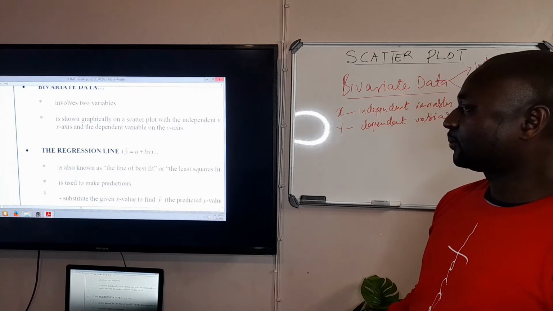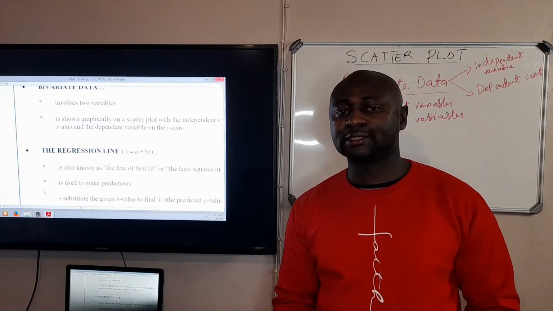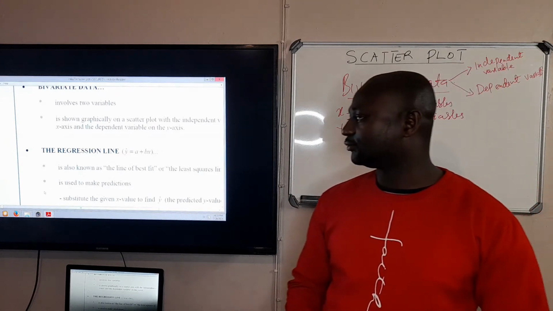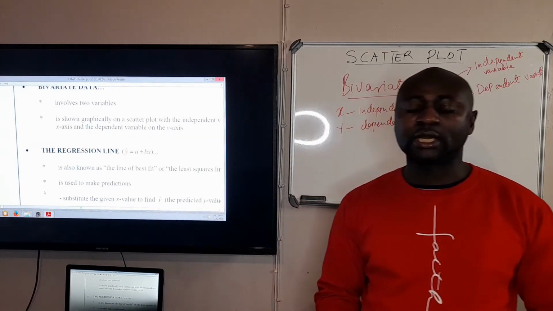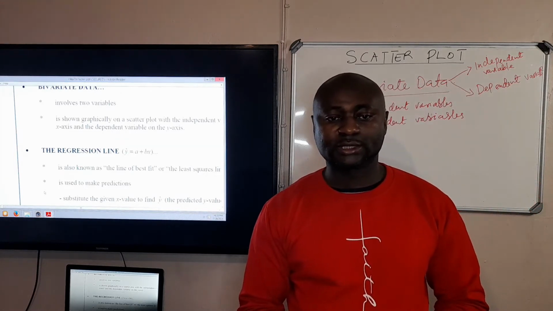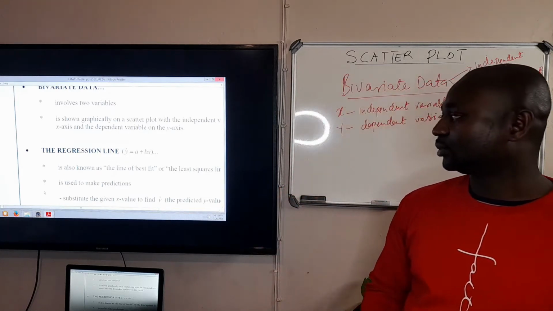Now we will be focusing on the actual questions that the examiners are going to ask you. One of the questions is that they will give you a table and ask you to draw or sketch the scatter plot.